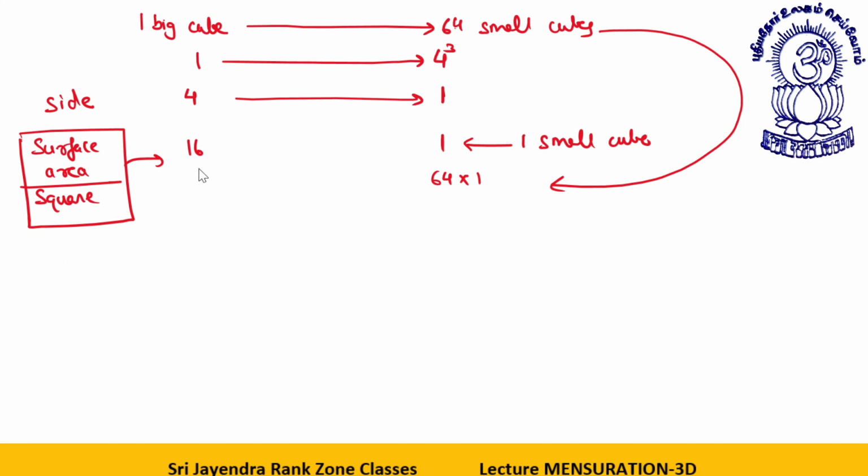This ratio will be 16 upon 64, or I can say 64 upon 16, that is 4 is to 1. Why? Because this side is 4. Getting it, dear students? Number of cubes is 4, so the ratio will be 4 is to 1.